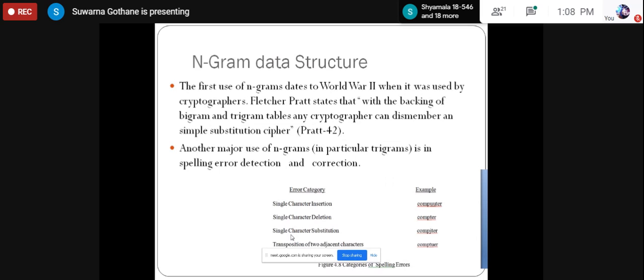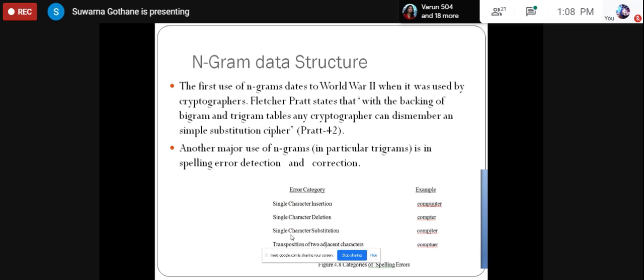So what is the applicability of this n-gram data structure? Why should we use this n-gram data structure? This concept was used many years ago, at the time of World War II.